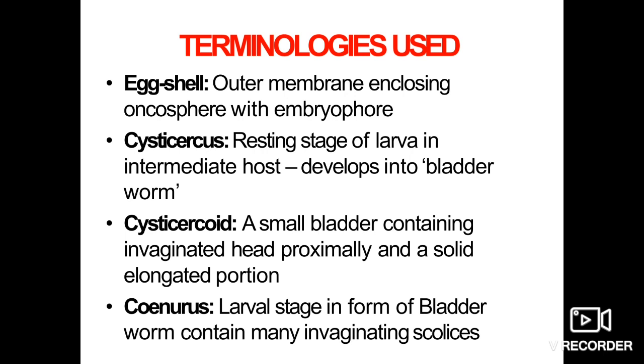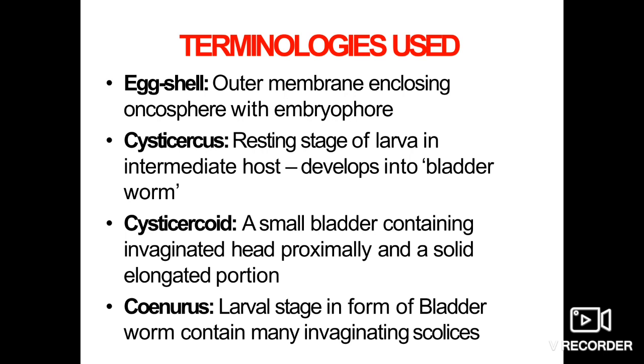Egg shell is the outer membrane that encloses the oncosphere with the embryophore. Cysticercus is the resting stage of larva in the intermediate host. And cysticercoid is a small bladder containing an invaginated head proximally and a solid elongated portion, related to the cysticercus stage.